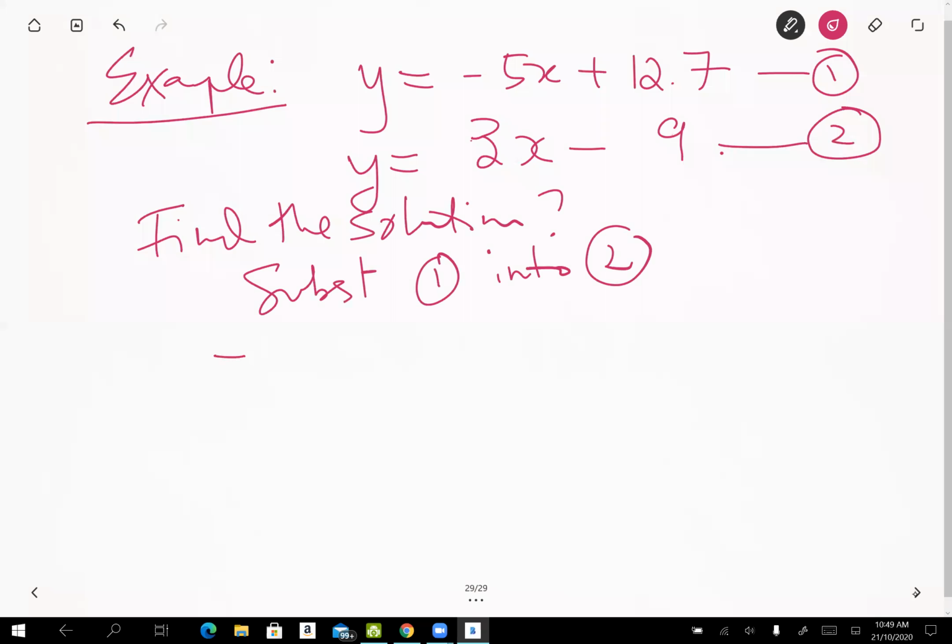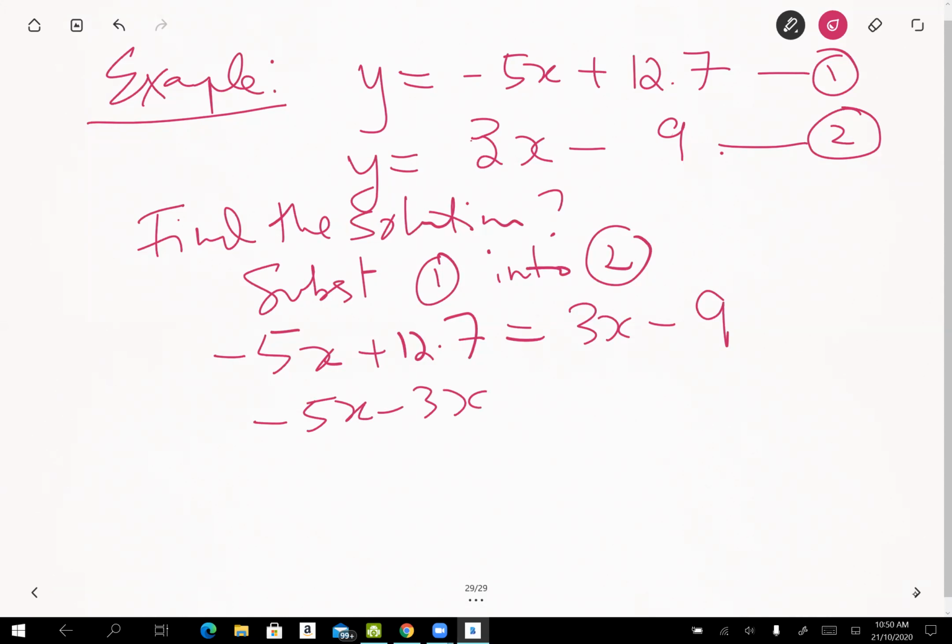So you have negative 5x plus 12.7 equal to negative 3x minus 9. You bring the x to one side and the constants to the other side. What I get will be negative 5x plus 3x equal to negative 9 minus 12.7. So this one is easy.